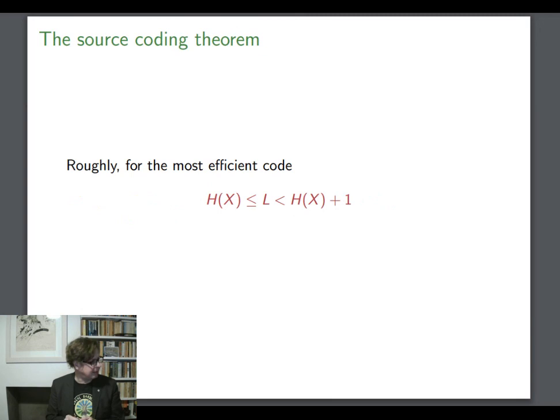And what you're really saying is that you can find a way of distributing the lengths of the code words while still producing prefix-free codes, so that the log of p is nearly equal to or equal to the length of the code word.